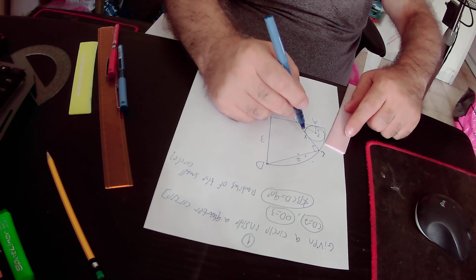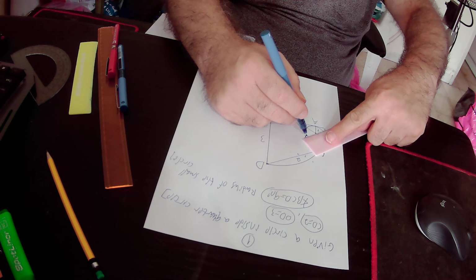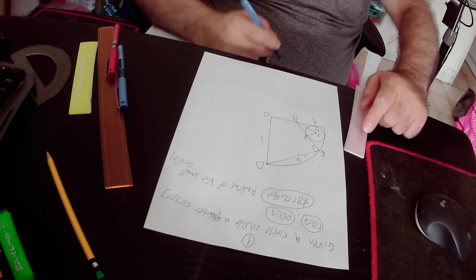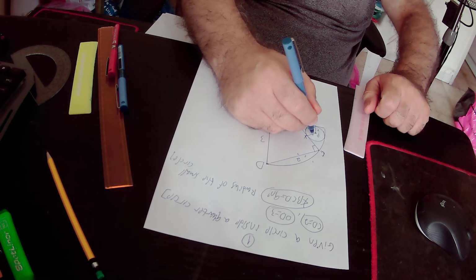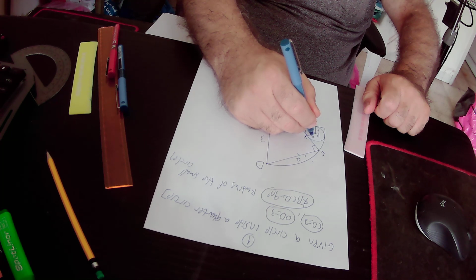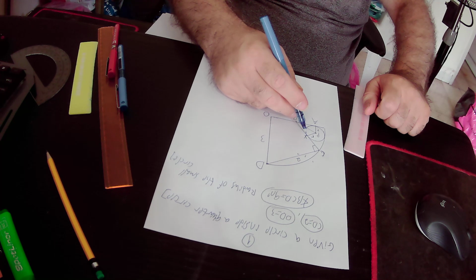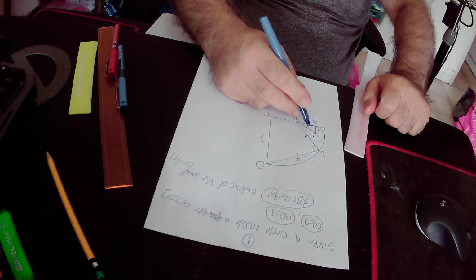Then we will join points P and X together by a straight line. Actually, PX is also the radius of the small circle, because line segment PX starts from the center of the small circle and ends at point X, that is a point on the small circle itself. Therefore, PX is the radius of the small circle.